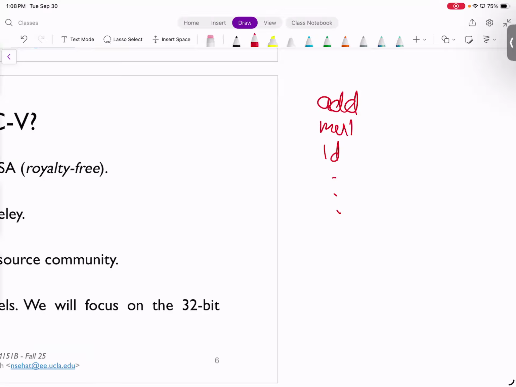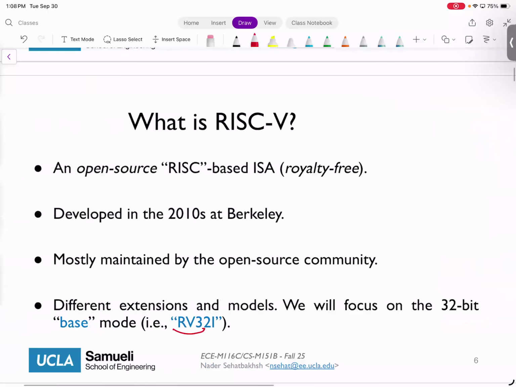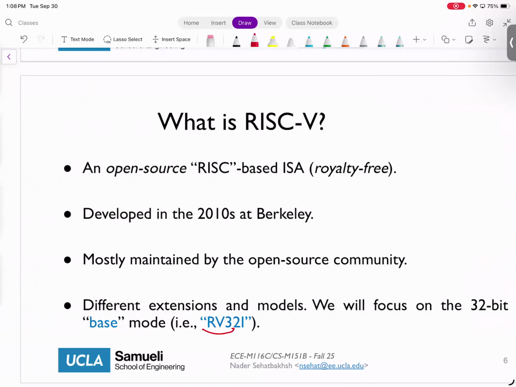So basically saying, okay, what is the minimum set of instructions that I need to do simple operations? They call that the base version, or B, okay? Then they have these additional things. For example, if I want to support multiplication or division, or floating point operation, or privilege and operating system-based actions and so on, I add more things.